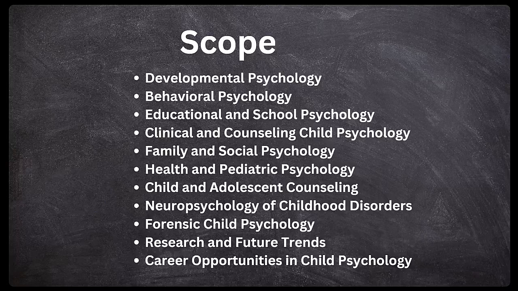Okay. Then coming to educational and school psychology. So what it is? With the name only we come to know. Educational psychology studies how children learn, process information. School psychology applies psychological principles to support students' academic, emotional, and social well-being.